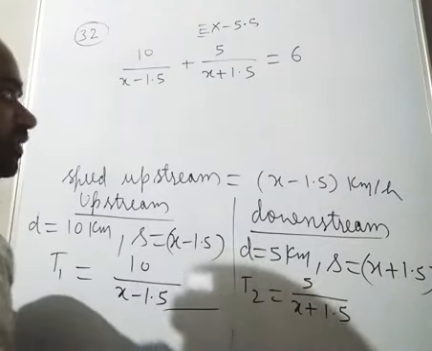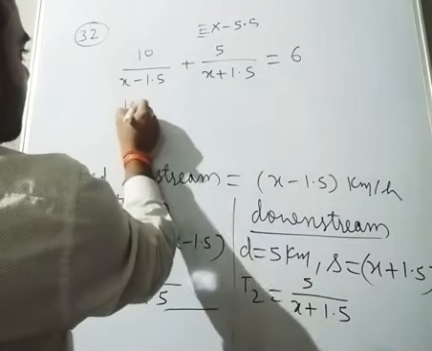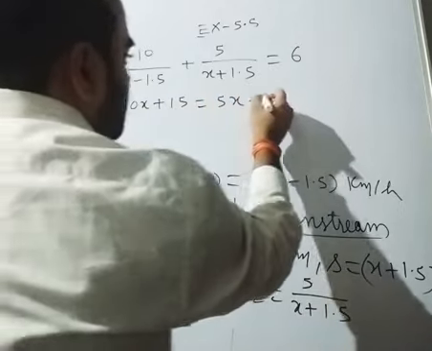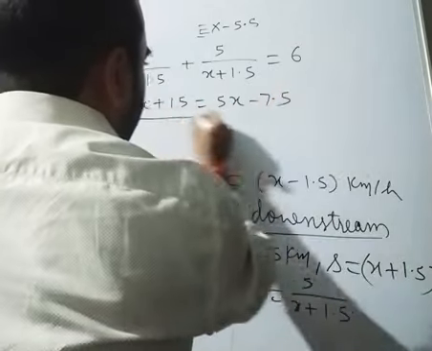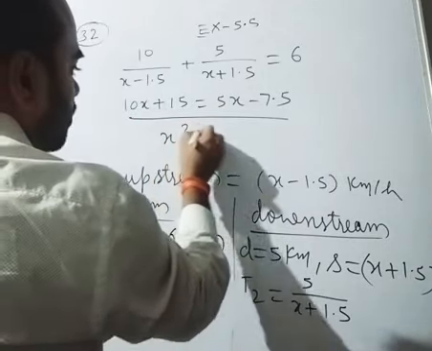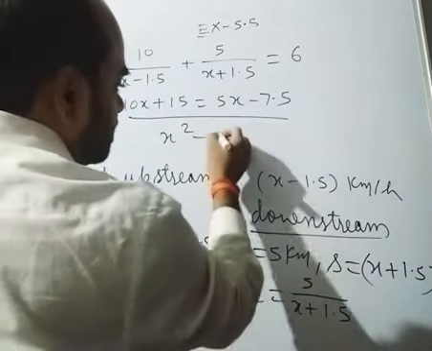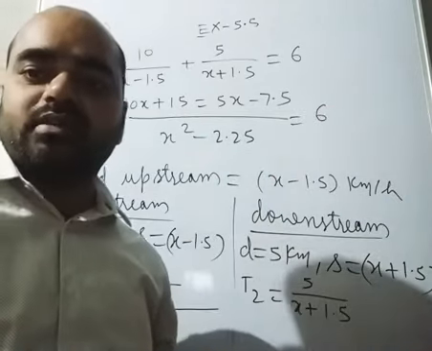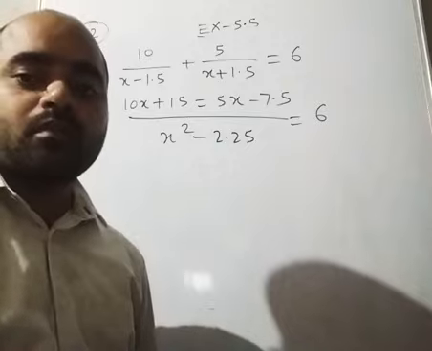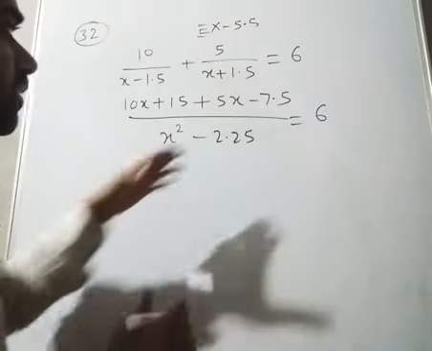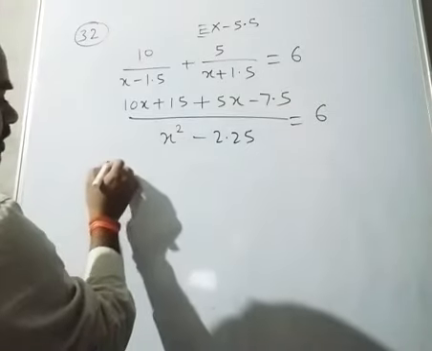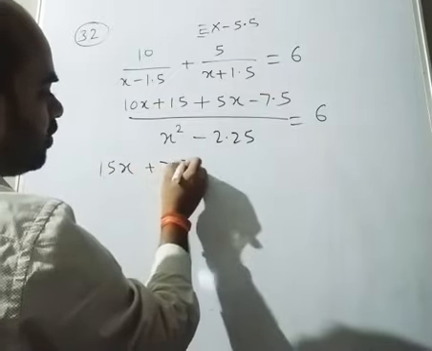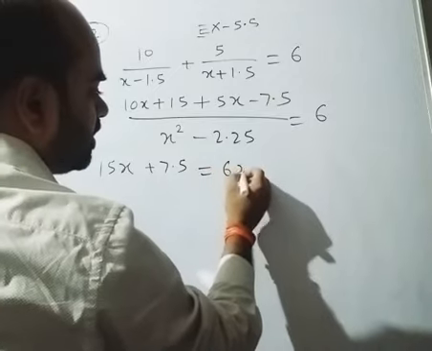Correct. Now take the LCM. Now this will become 10x plus 15 plus 5x minus 7.5 upon x square minus 1.5 square, which is 2.25, is equal to 6. Correct. Now this will become 10x plus 5x, that is 15x, and 15 minus 7.5, that is 7.5, is equal to 6x square.